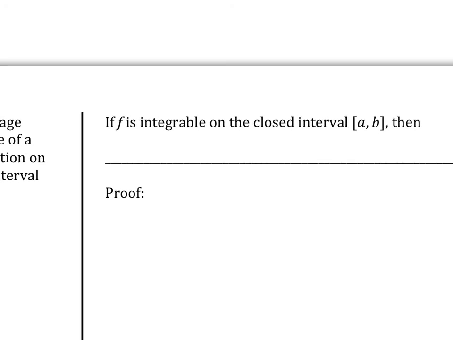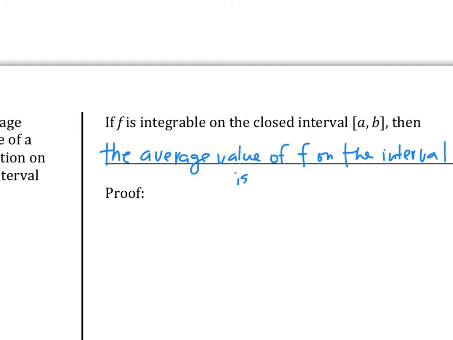It says if f is integrable on a closed interval a to b, then the average value of f on the interval is 1 over b minus a times the integral from a to b of f of x dx.